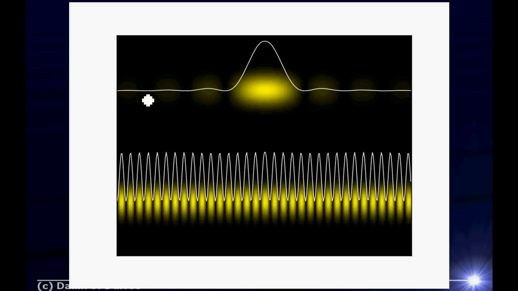So if I take the shape of the pattern I get from a single slit and compare that to the pattern I would get with two infinitely thin slits, then to get the pattern I would get with two slits that were this thick but spaced this far apart, I just multiply these two functions together and I get something that looks like this.